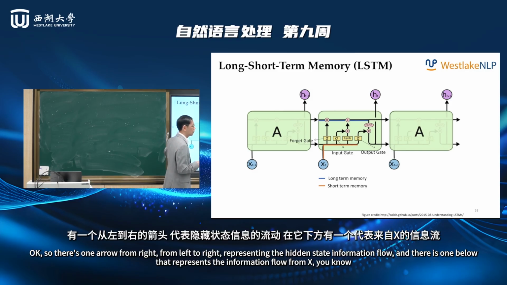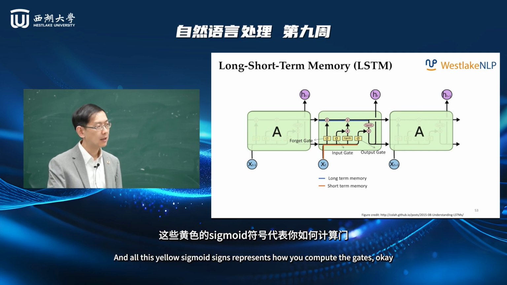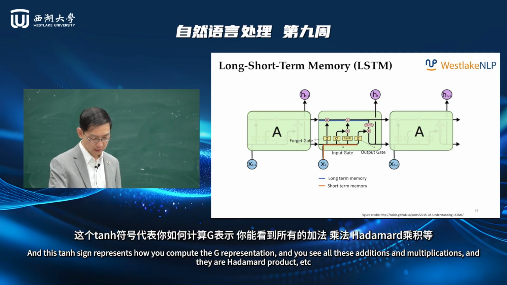There's one arrow from left to right representing the hidden state information flow, and there is one below that represents the information flow from X. All these yellow sigmoid signs represent how you compute the gates, and this tanh sign represents how you compute the G representation.